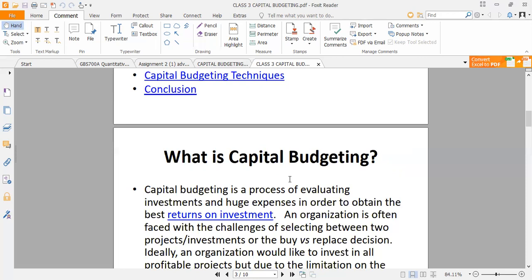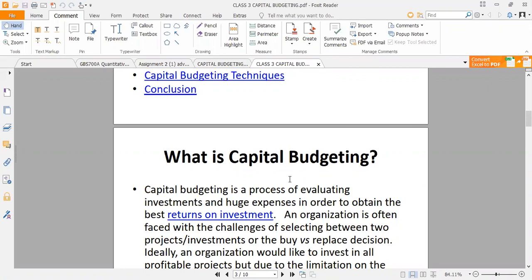Then an organization is often faced with the challenge of selecting between two projects or investments, or the buy versus replace decision.